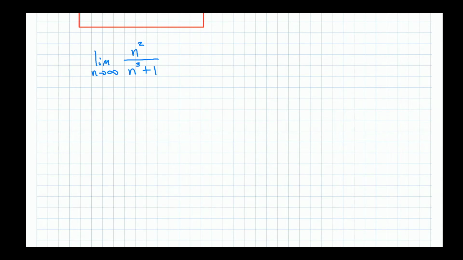And so even though the top is going to infinity and the bottom is going to infinity, you don't want to think of it that way. What you want to think of is that the bottom goes to infinity faster. So this is a bigger infinity on the bottom and a smaller infinity on the top. And so the result is going to be that this limit is going to be 0, because the denominator gets big faster than the numerator. And of course, you can do that with algebra. I'll do a little bit of algebra here just to show you.